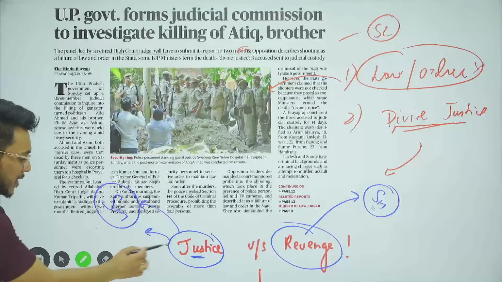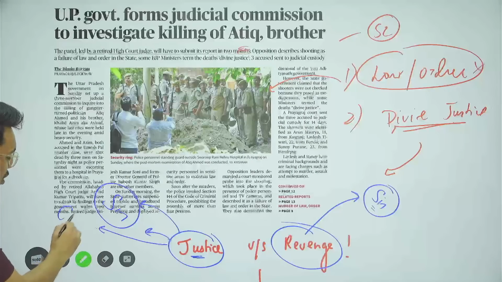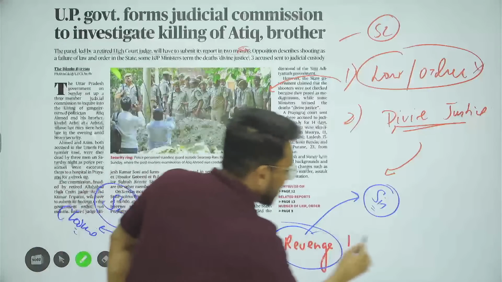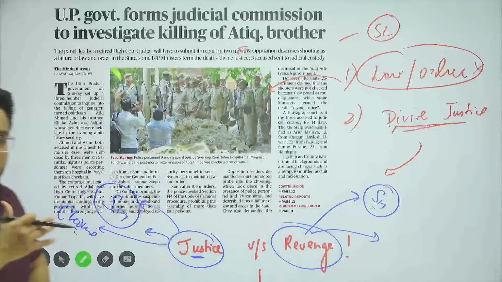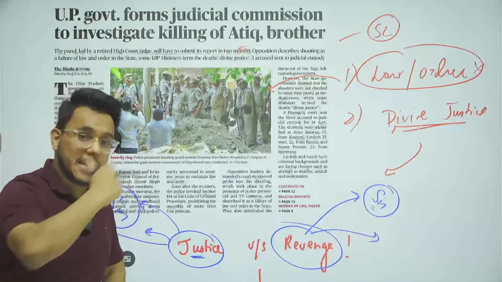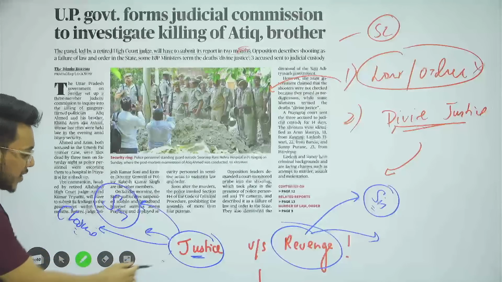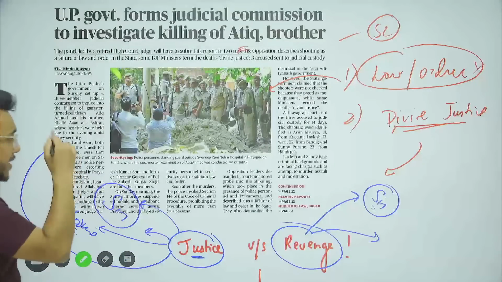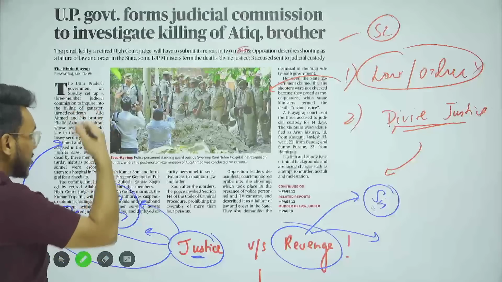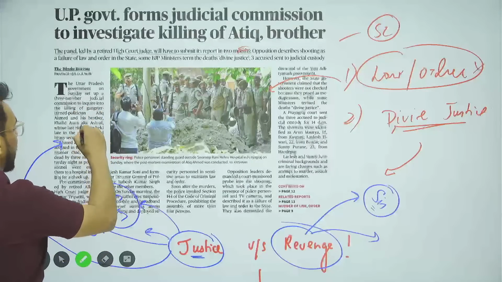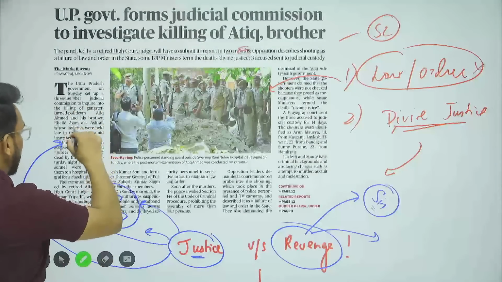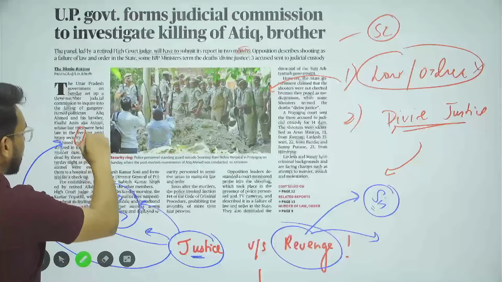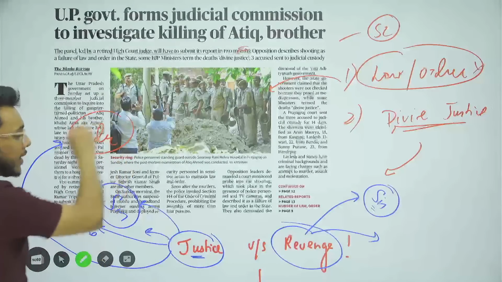When we talk about justice, justice is about closure. But revenge is about retaliation. Justice always wants to ensure the order in the society.